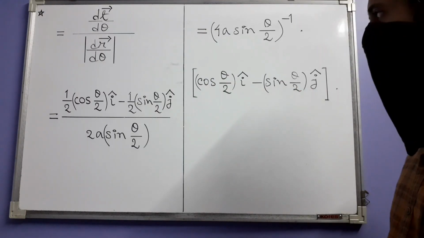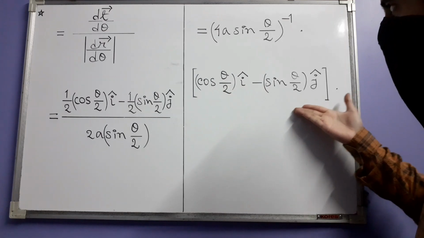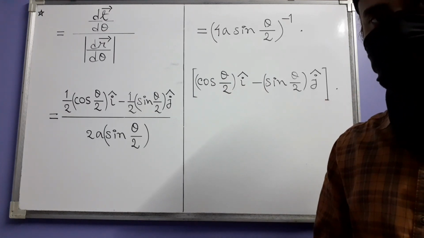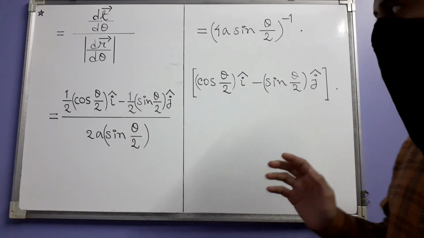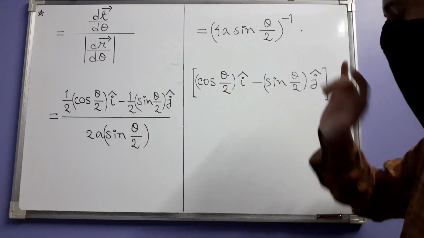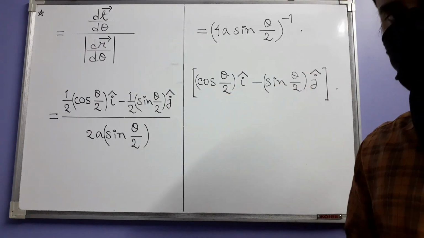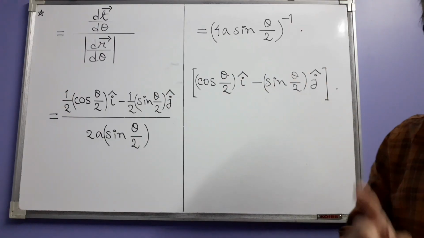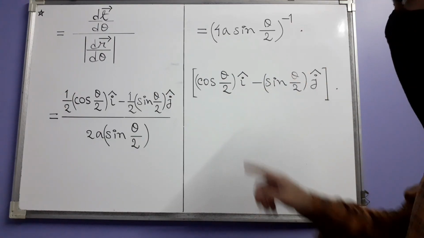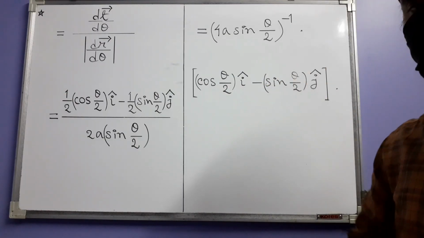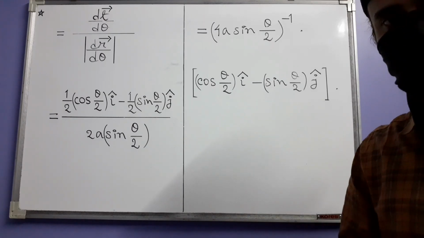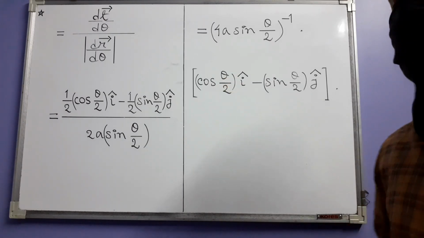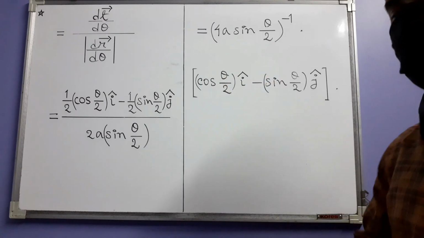Now note carefully that this is a unit vector, because if you take the sum of the squares of this and this, you get 1. Or in other words, if you take the scalar product of this with itself, you get 1. So this is that n hat, your unit normal vector to that cycloid.